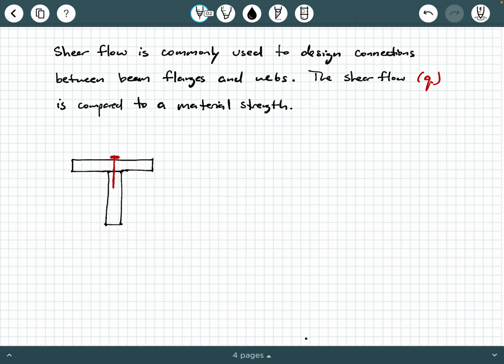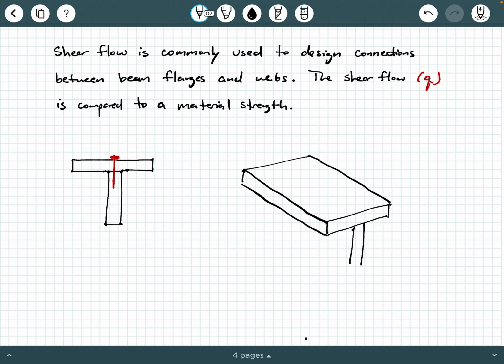So let's draw a 3D view, okay? Let's say that we've got the flange plank here. And then beneath that, we've got the web plank, like that. And these things are going to be nailed together, okay?